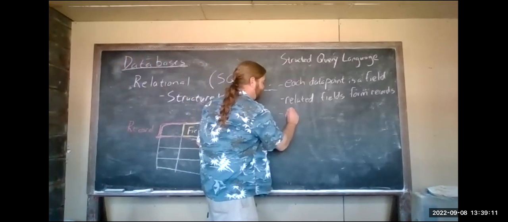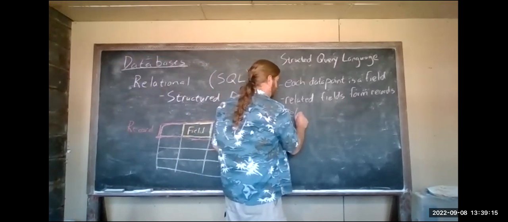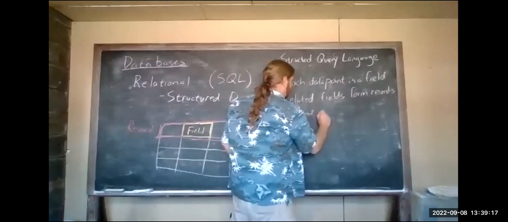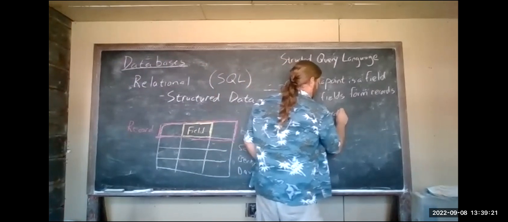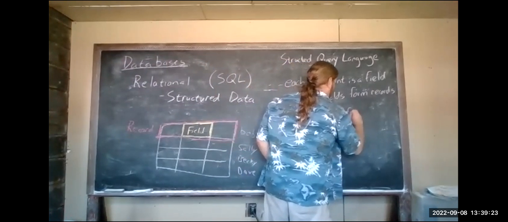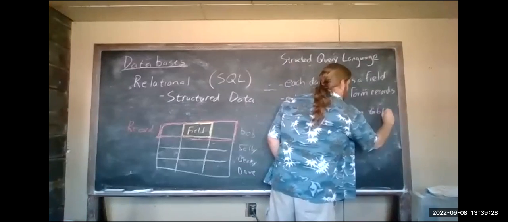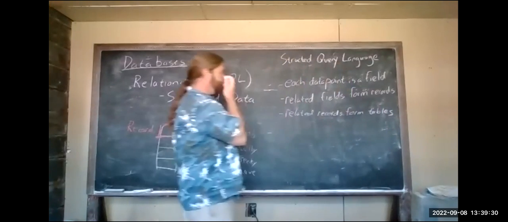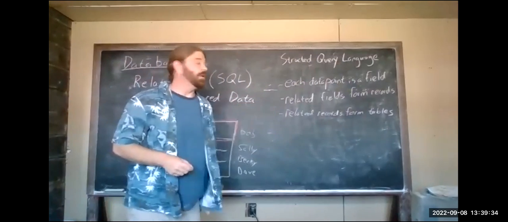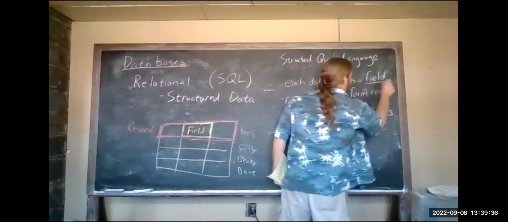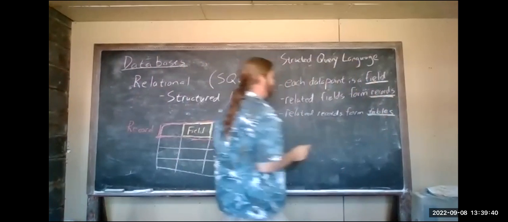So the third step on this is related records form tables. So you see the relation part is showing up everywhere. And these are important vocab terms, so we definitely want to remember those.